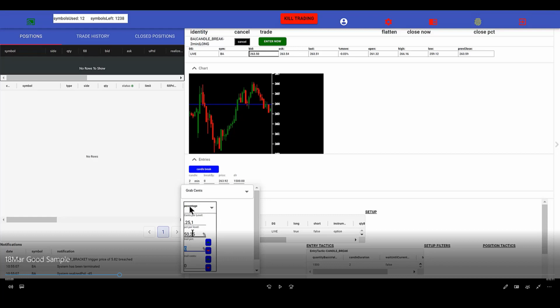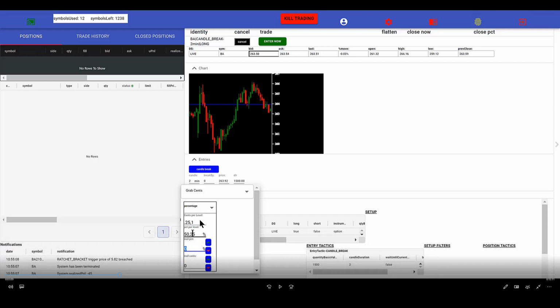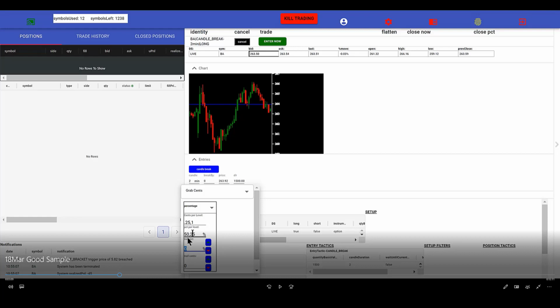at that level. So because I selected percentage here instead of quantity, it doesn't matter how many I get filled with, whether it's 3 or 7 or whatever, we're going to roughly get 50% of the contract sold at a 25-cent profit, and then 25% of the contract sold at $1 profit.